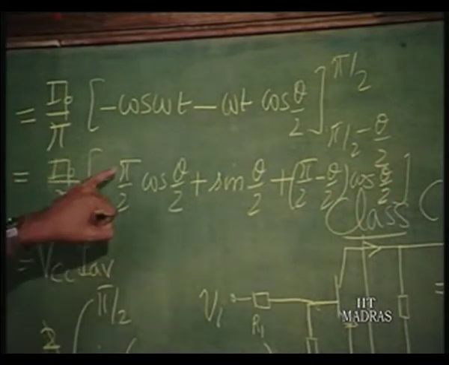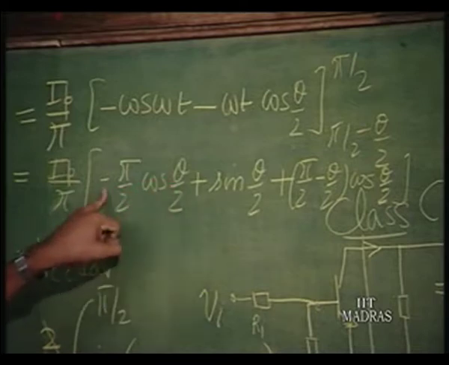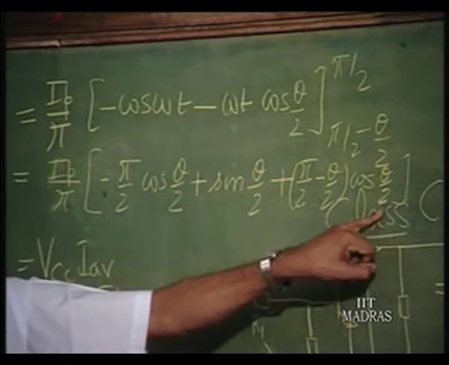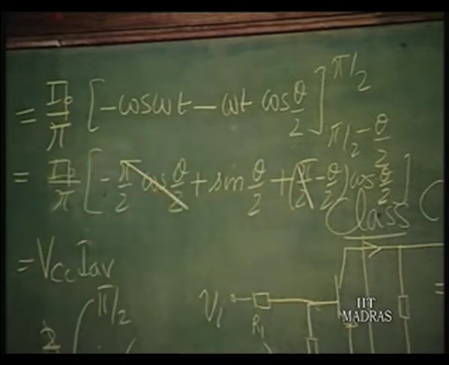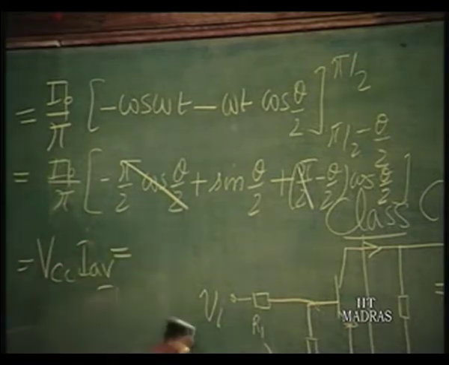So, we get pi by 2 cos theta by 2 minus sin, pi by 2 cos theta by 2 plus sin. So, those two get cancelled.